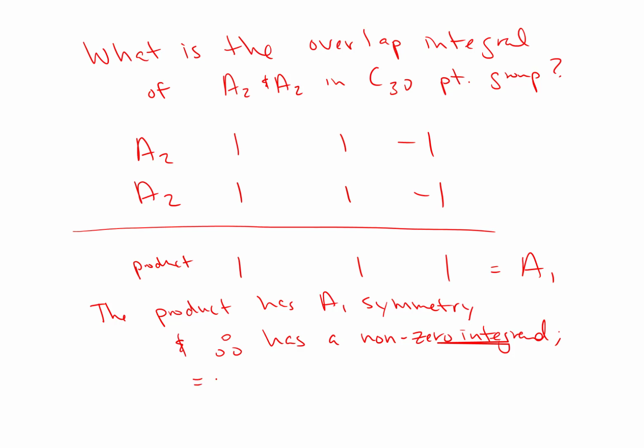This is the type of mathematics which we would then say, well, we must have some type of molecular orbital occurring, or we've got an electric dipole transition. These must be non-zero. So go ahead and practice this on a couple of different groups of your choosing, and feel comfortable with this process. Thank you very much, and have a good rest of your day.